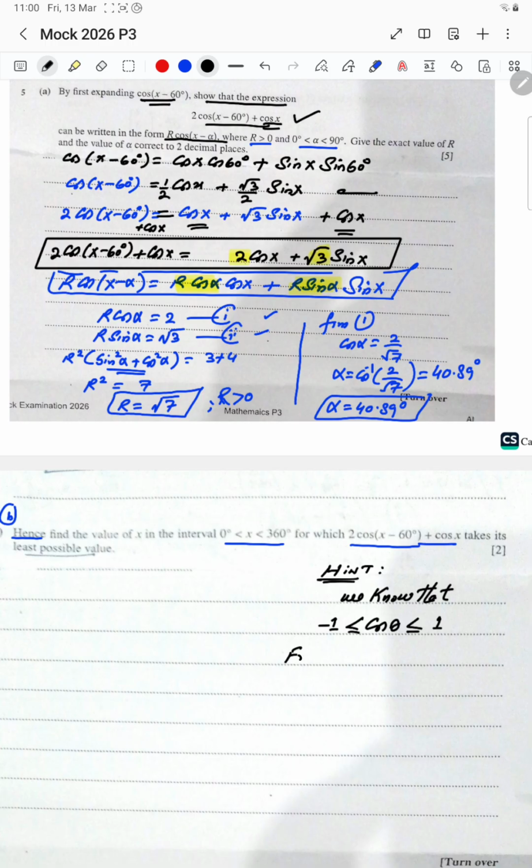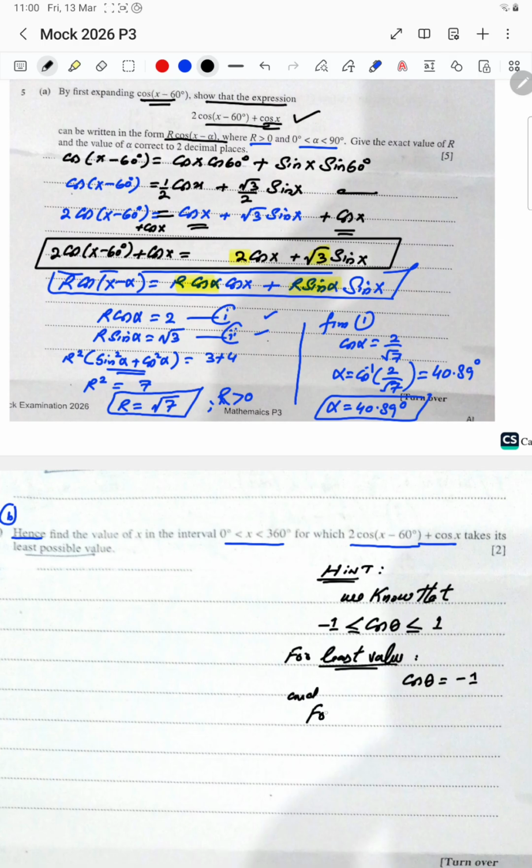For the least value we always take cos of theta equal to minus 1, the least value.